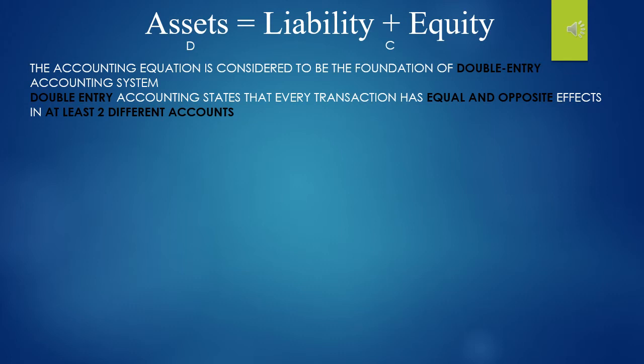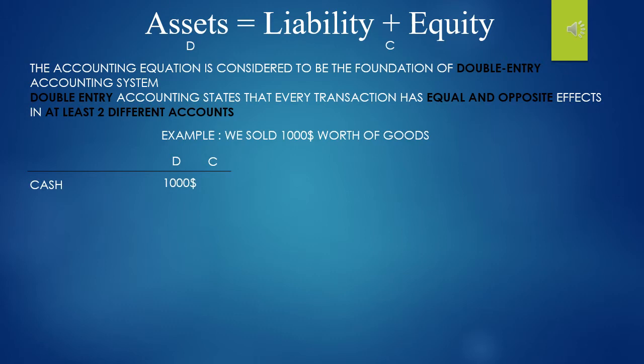I will give an example to help you understand more. The first example is that we sold $1,000 worth of goods. In this entry, we put cash $1,000. Why is this wrong? First of all, because double entry accounting says it should be equal and opposite effect in at least two different accounts.